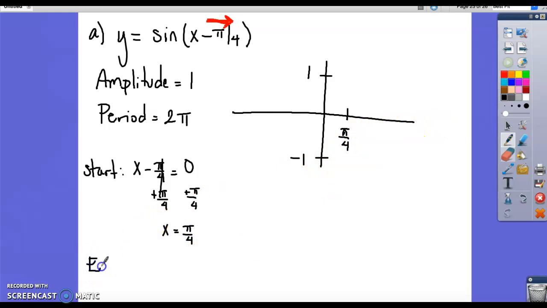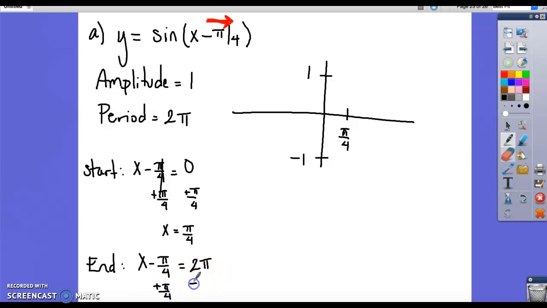Okay, my ending point, instead of ending at 2 pi, I'm going pi over 4 units to the right. So I'm taking 2 pi and I'm adding pi over 4. If you want to figure this out algebraically, you can take, again, your phase shift, what's inside the parentheses, and set it equal to your period, which is 2 pi.